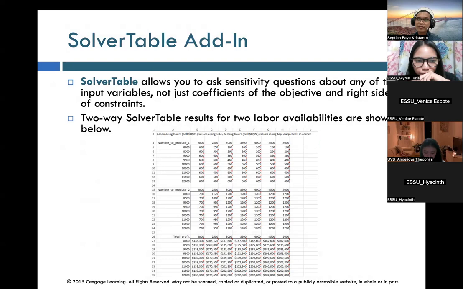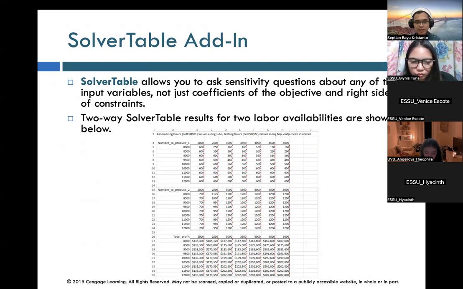But if you have software that doesn't have connections with Microsoft Education, the solver tables could be improvised by asking permissions through your software's inquiry.